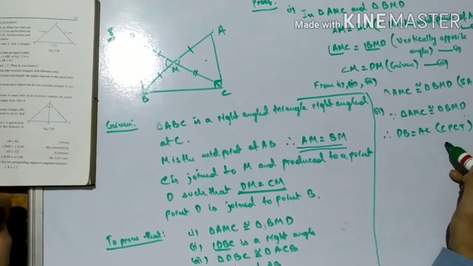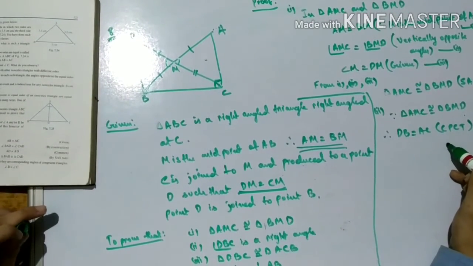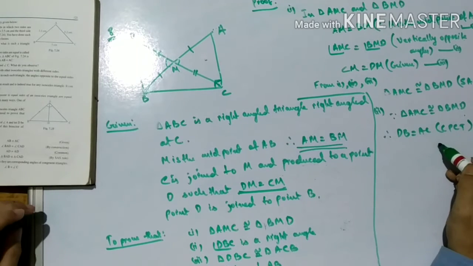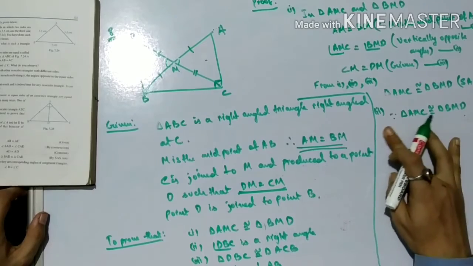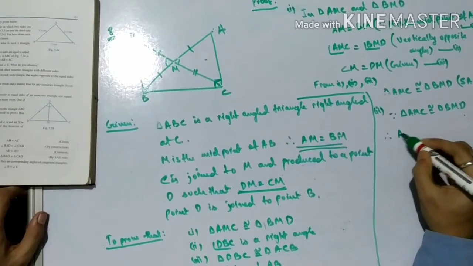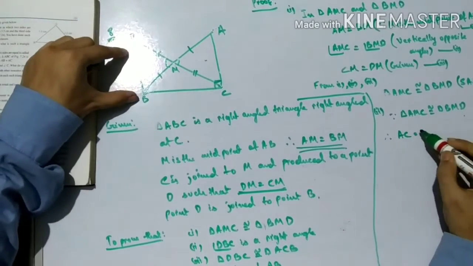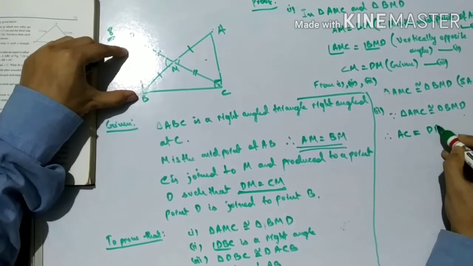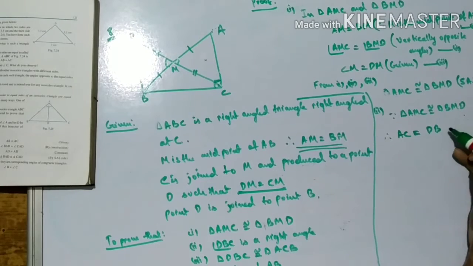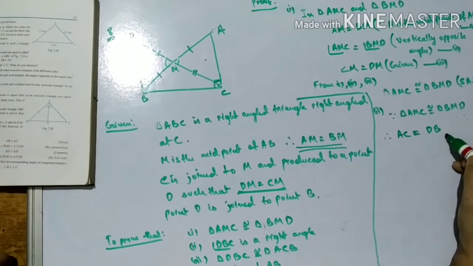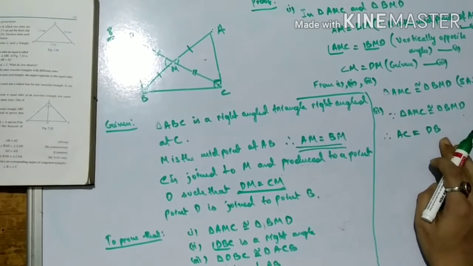so therefore AC equals this side equals this side. AC equals DB. Yes, AC equals DB. Understand? In the notes I think it is DB equal to AC given.